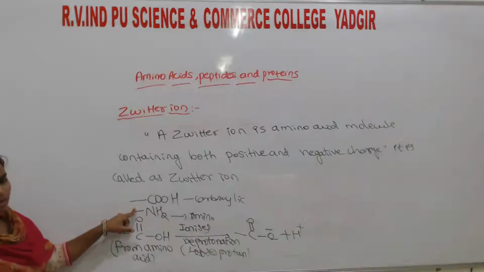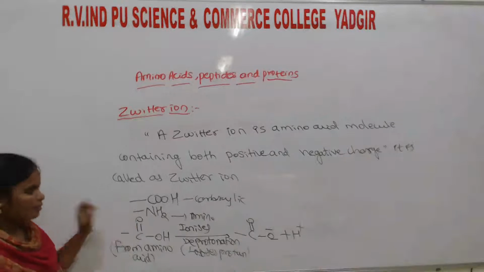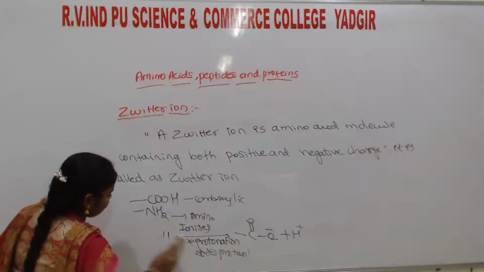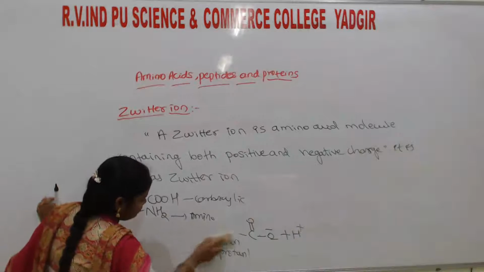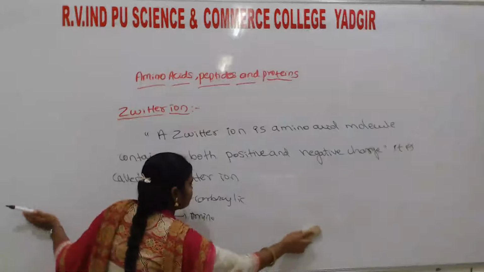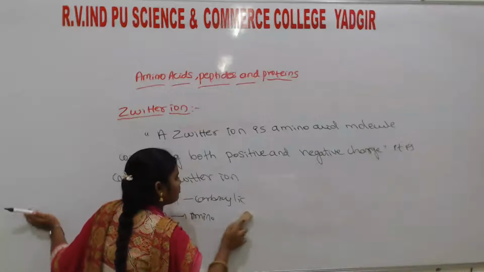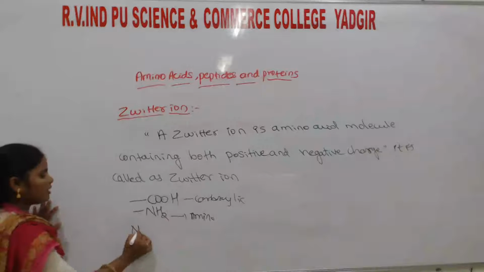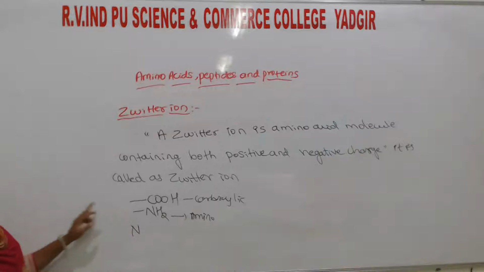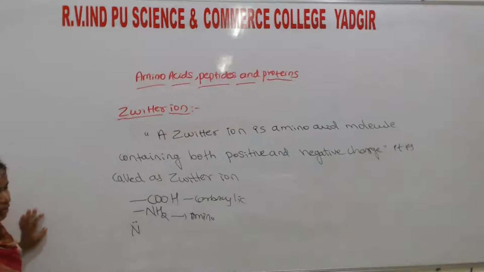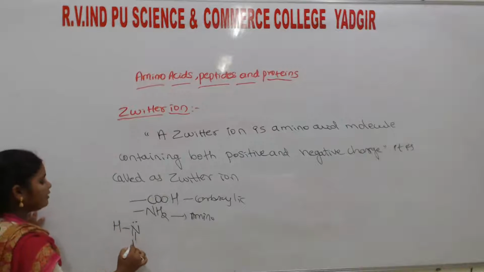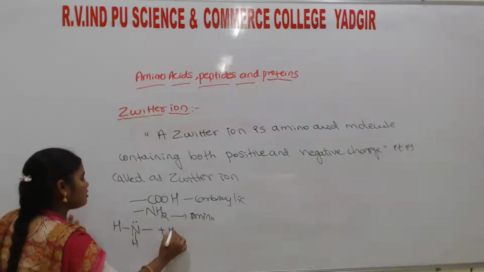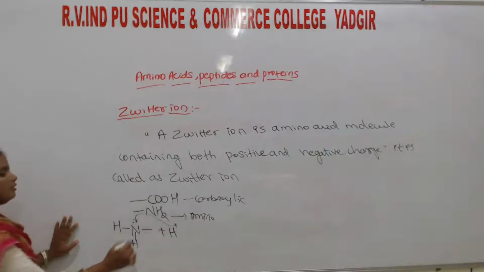When the amino group accepts a proton, we write this reaction. This is N with two hydrogens, with a lone pair of electrons, and a proton H plus is accepted here.